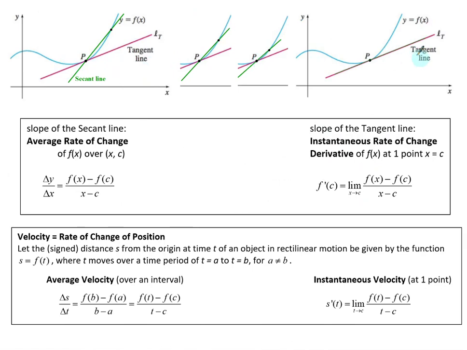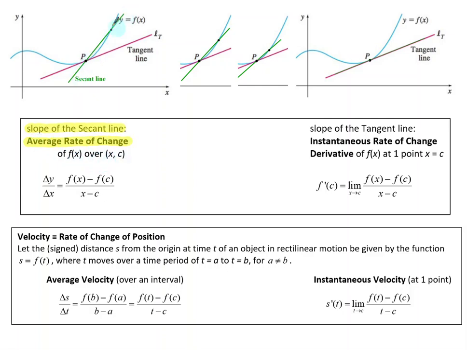This picture might look familiar, where we explored the slope of the secant line and the slope of the tangent line. Let's begin with the slope of the secant line. Another way to say that is the average rate of change of a function over an interval from x to c.